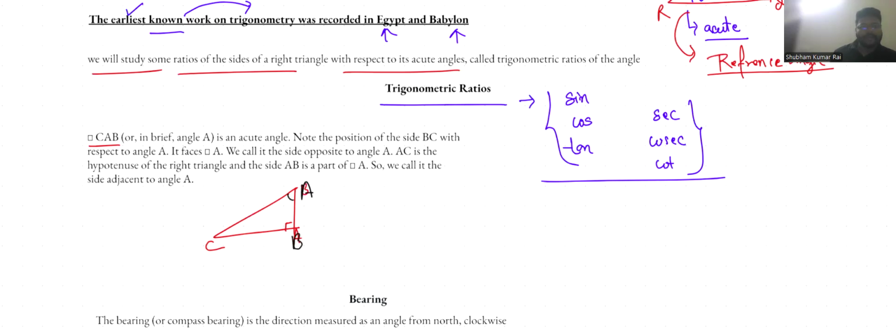And here you can see, note the position of BC with respect to this angle, right? Here we are seeing the opposite side. Yes, that is the opposite side. So here it will become the base and here it will be the perpendicular and this will be your hypotenuse. How it happened, I will be explaining it. Do not worry. So these are all the trigonometric ratios that we will be discussing.